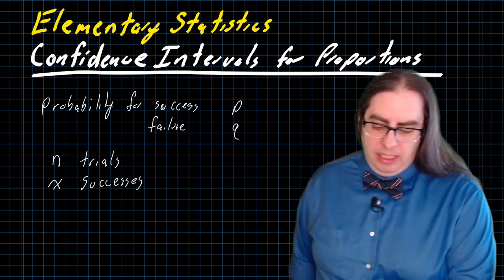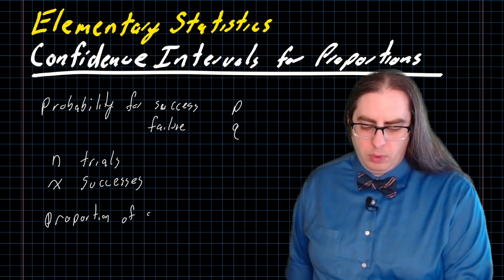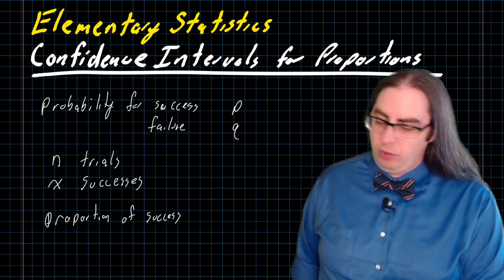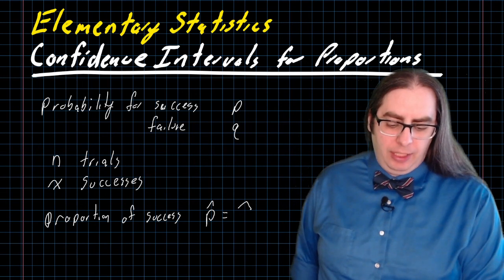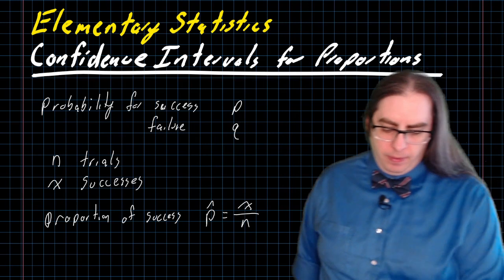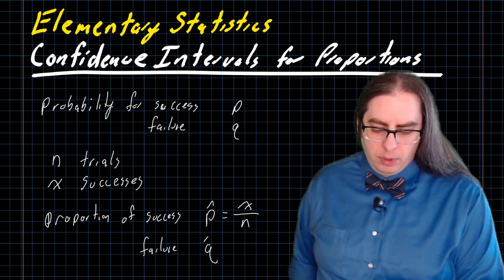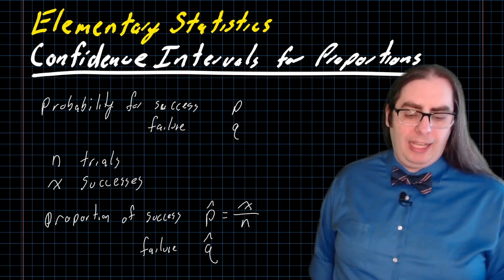And then the proportion of success we denoted as P hat and calculated that as X divided by N. The proportion of failure we denoted as Q hat.